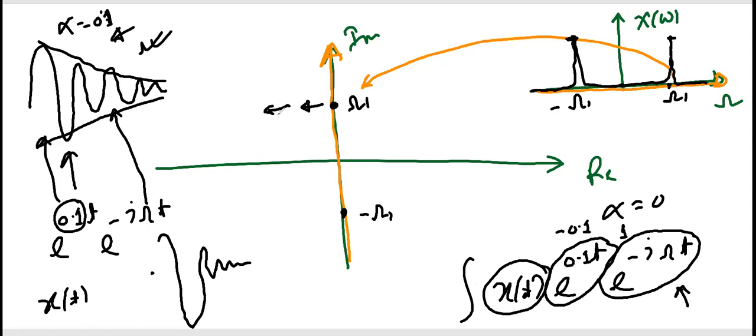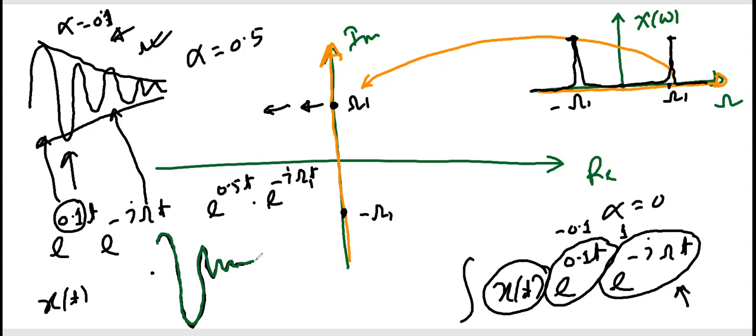If you proceed more to the left, then what will happen? Let's say alpha is equal to 0.5, at the location of 0.5: e to the power 0.5 t into e to the power minus j omega t. This omega should be omega 1, because at omega 1 you have the highest match. It might look exactly the same as this one, so they will match each other.